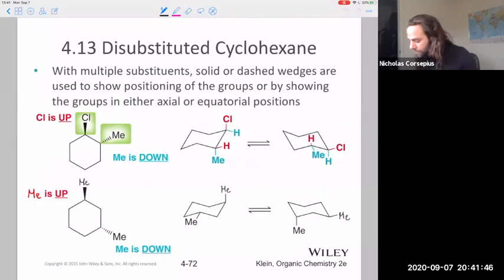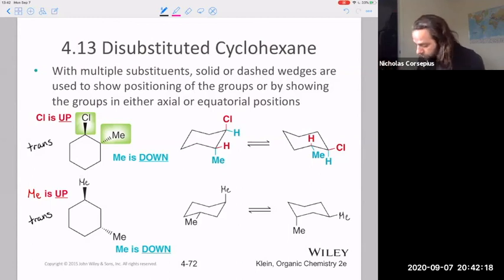Okay. The one thing I wanted to point out is that the purpose of this slide is to illustrate that these are both trans isomers. But trans isomers and axial-equatorial are very closely related, though not one and the same thing. Just because you're trans doesn't mean you're axial or equatorial, whatever it may be.